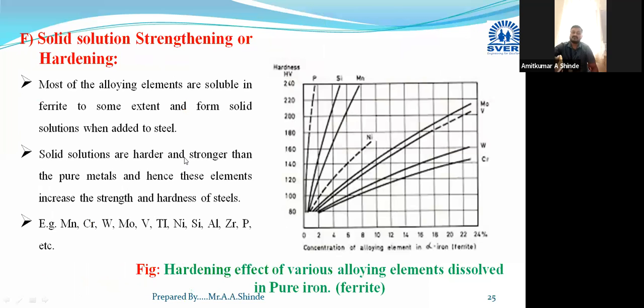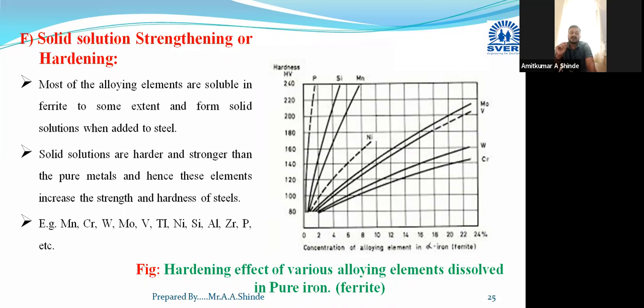Okay, now this is a very important effect, that is solid solution strengthening. This solid solution strengthening effect, or you can say the hardening effect of various alloying elements when they are added in the steel, is shown in the diagram.